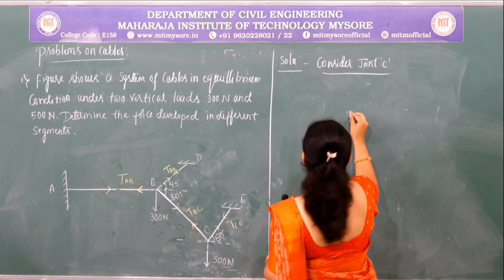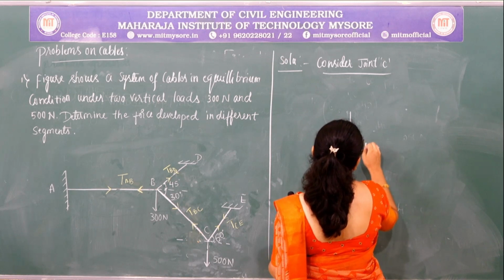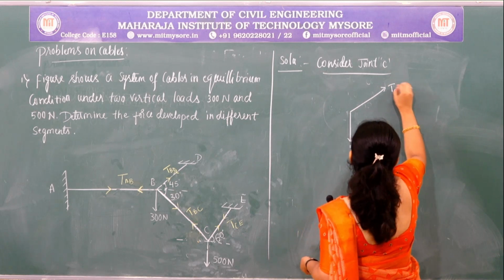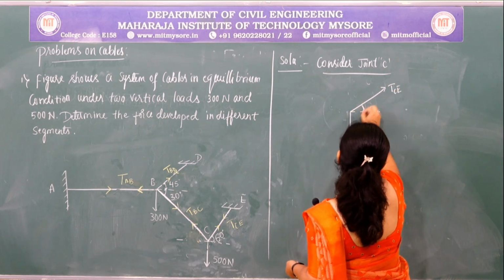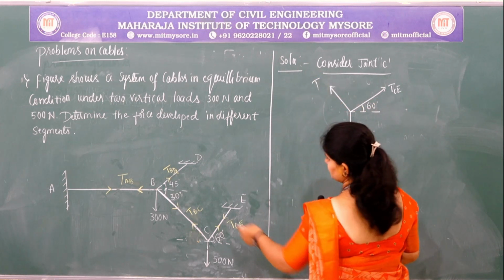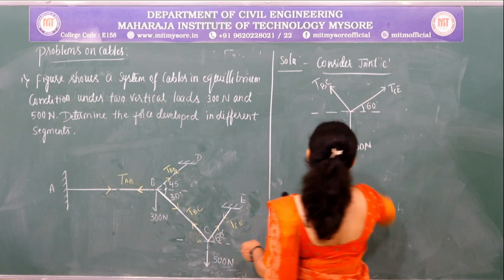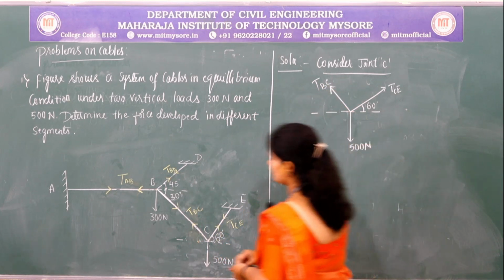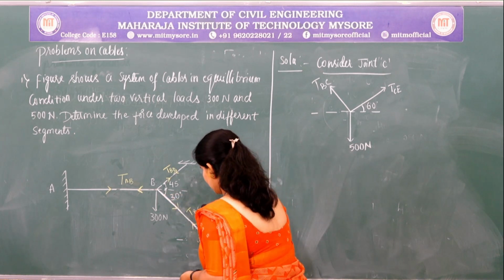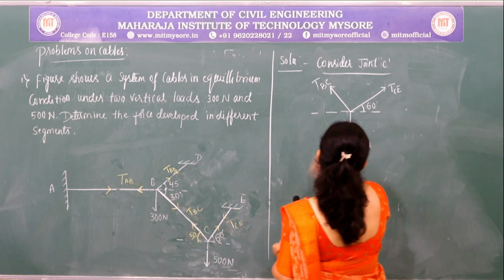First write the free body diagram. This angle is 60 degree. Next TBC, and the inclination angle of which, through alternate angles, is 30 degree.